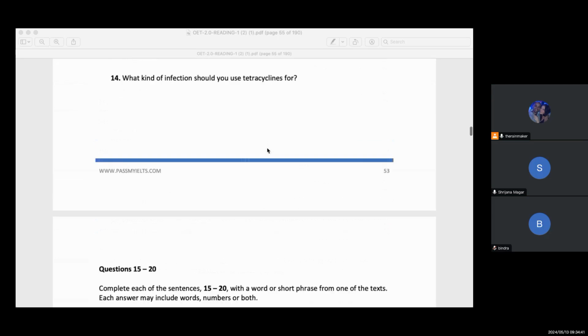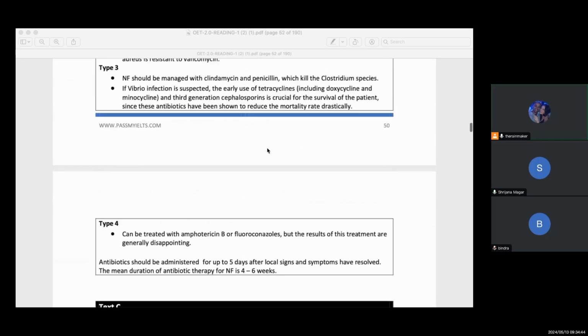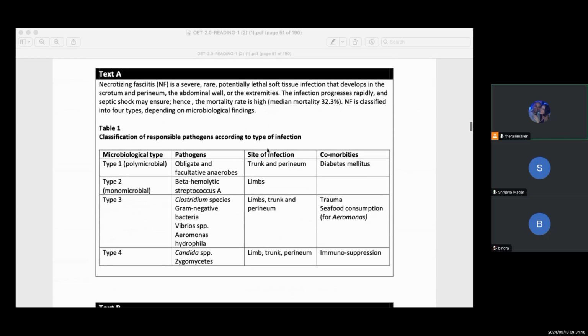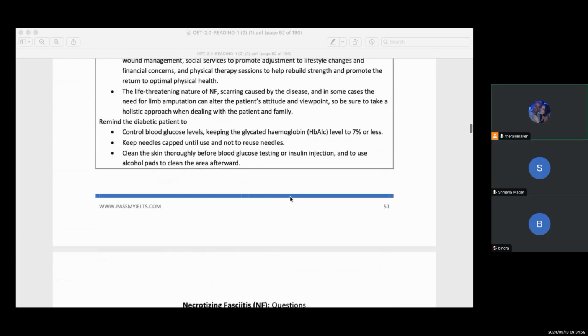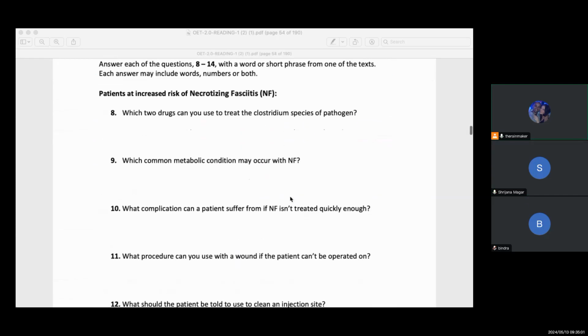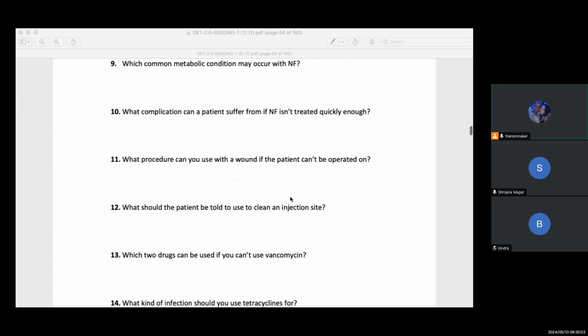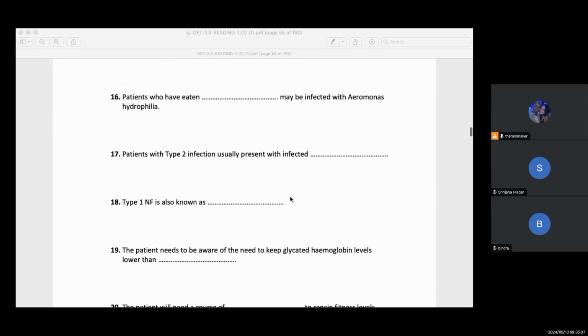A. Yes. What is our keyword? Aeromonas. Look for the word Aeromonas hydrophilia. Seafood. You must be noticing it is in the bracket again. It's in the bracket. Okay, next question.